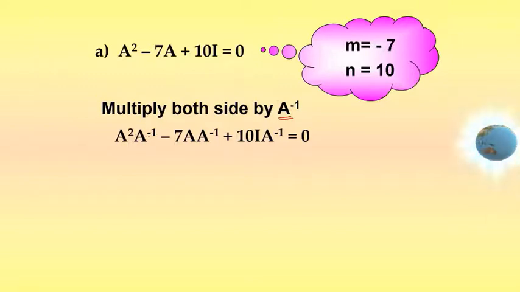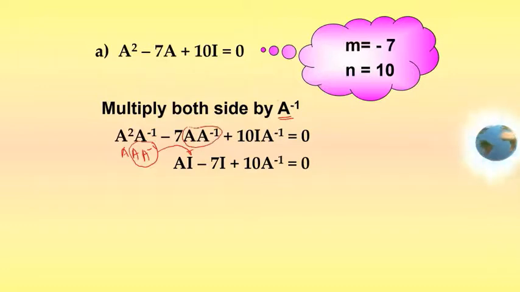A inverse times A squared, so we have A times identity, because here we have A times A times A inverse, so these two become identity. According to the properties that we have before this, A times A inverse is identity.